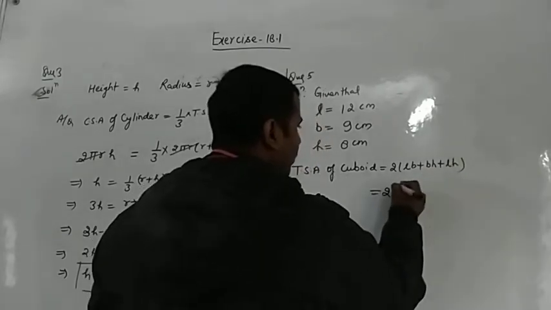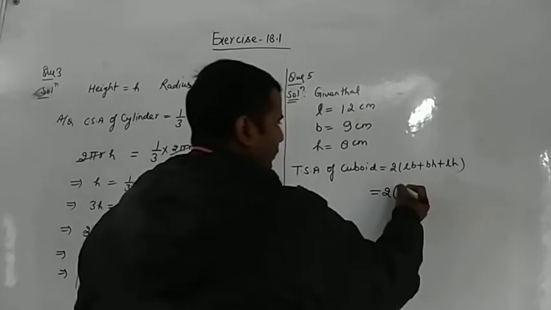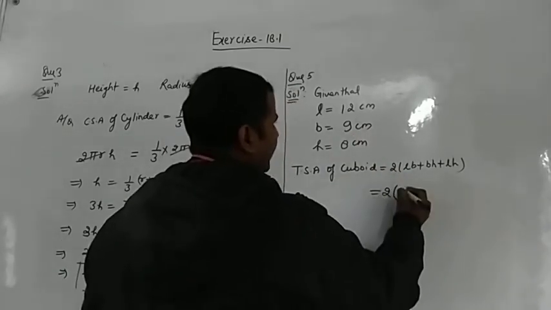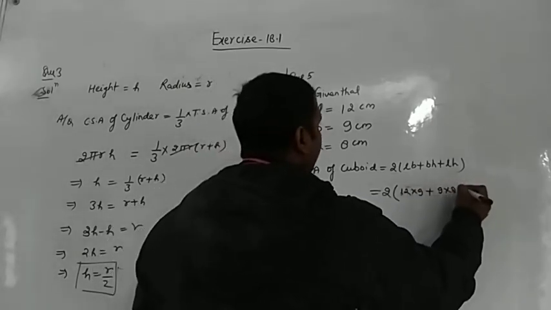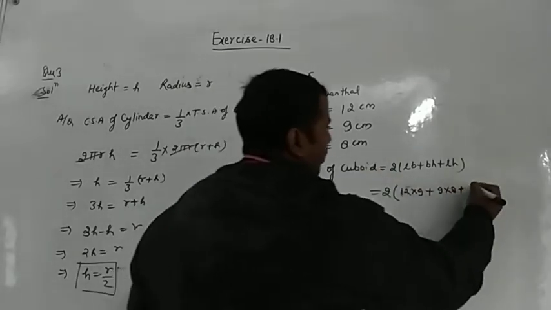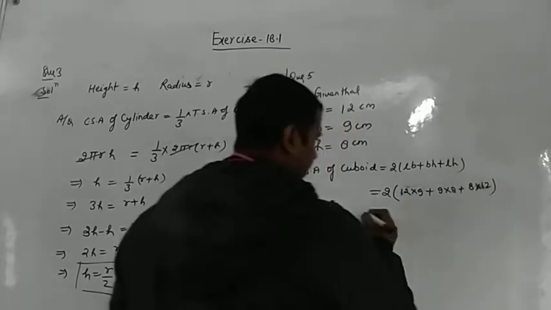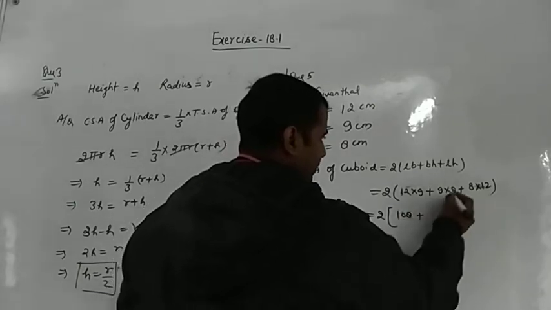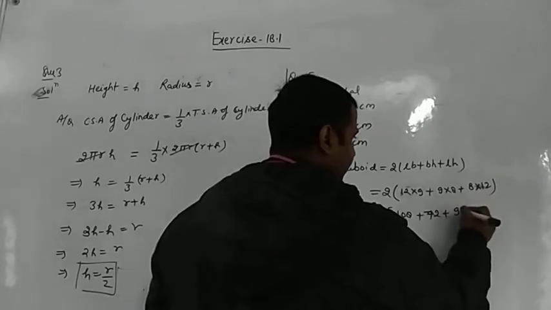Now 2 into LB plus BH plus HL. This value is 12 into 9 plus 9 into 8 plus 8 into 12, that is 108 plus 72 plus 96.